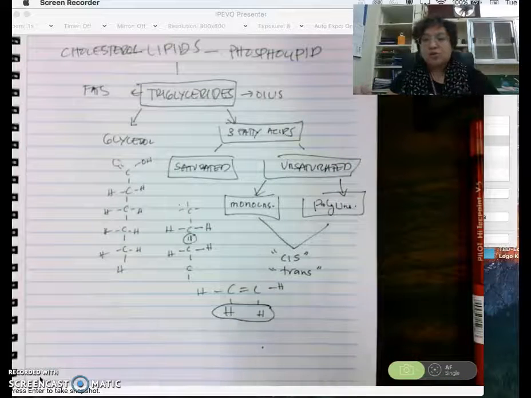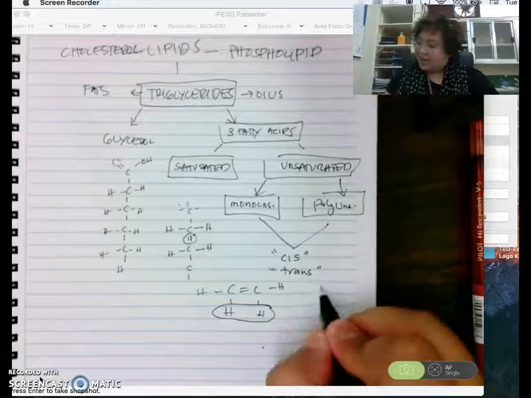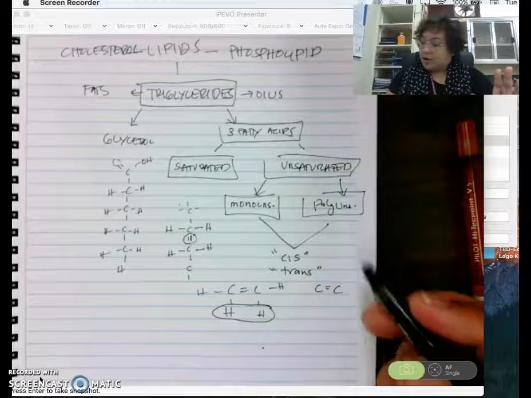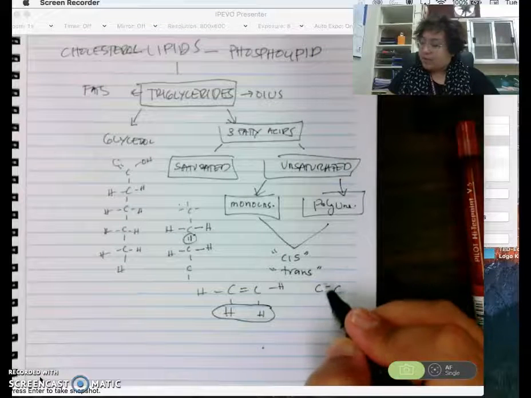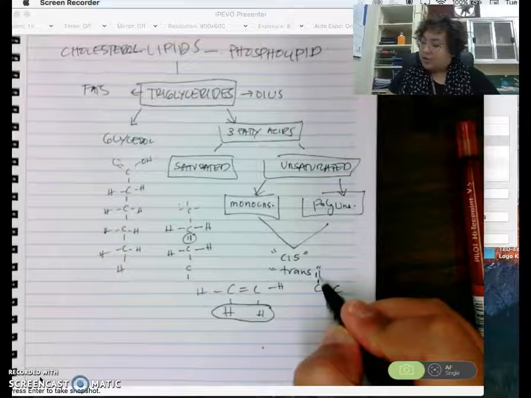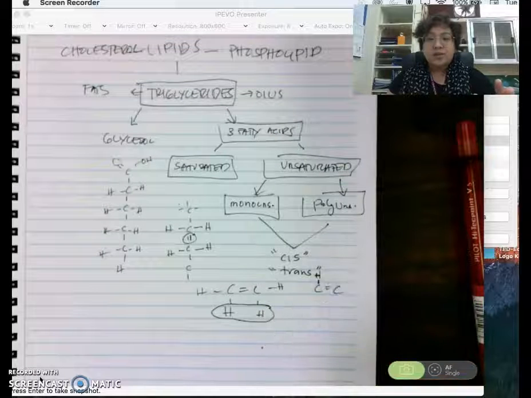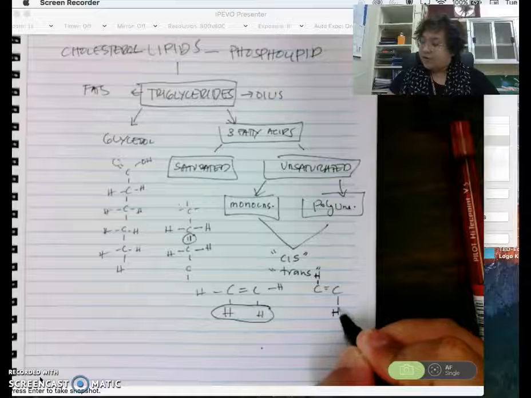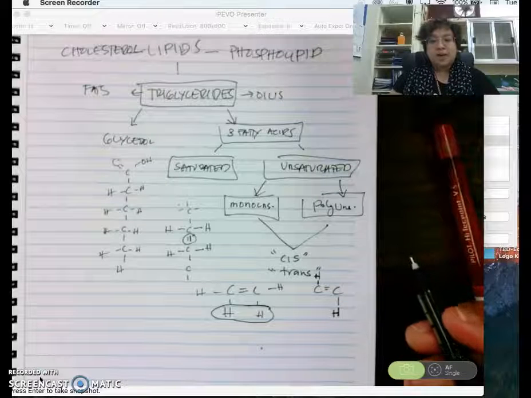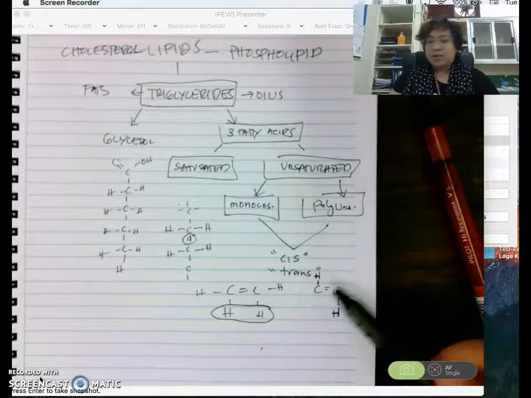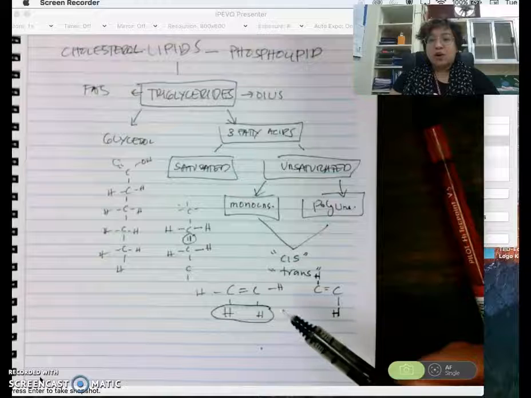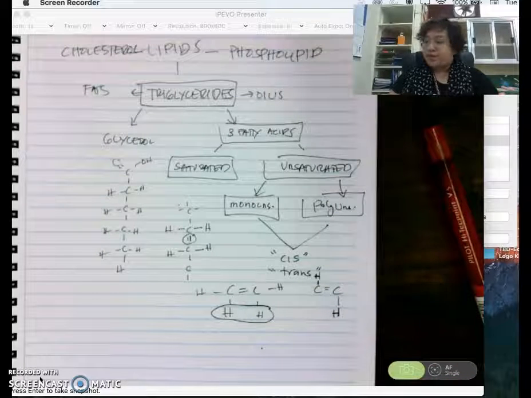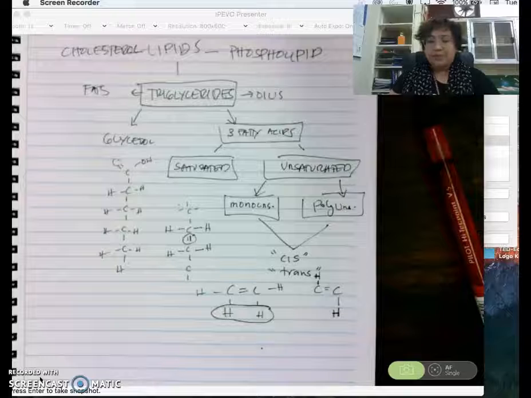Trans means across, Trans-America. If in that portion of your hydrocarbon chain where you find the double bond, the hydrogens are found in opposite parts of the chain. So you have hydrogen here, and you have another hydrogen here. So they still both have double bonds. It's just the position of the hydrogen around the carbon where you find your double bond.